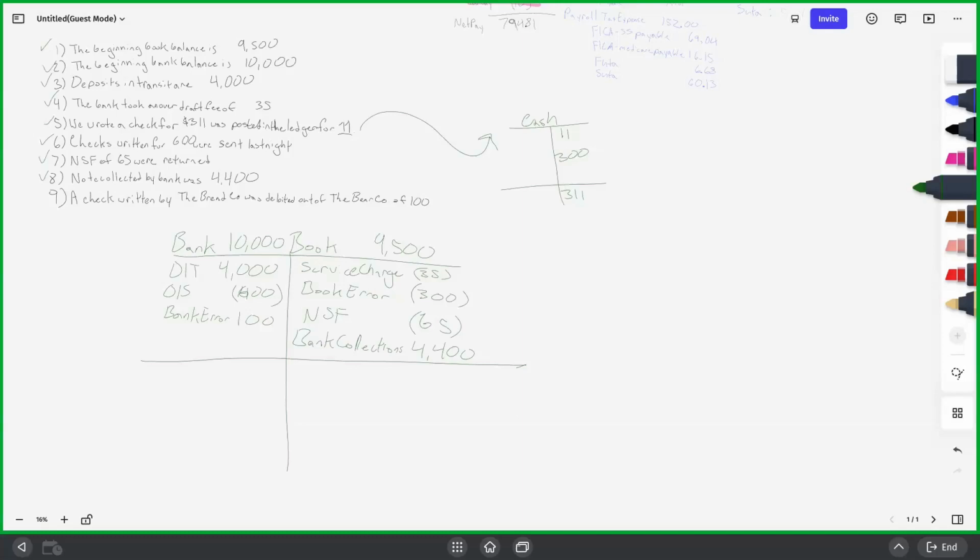You'll typically see it as a note collected by bank. So the side where it says book, the bank knows about that, but on the side with the bank, we know about that. The only one that neither knows about are the bank errors, because we only find out about it when we look at the bank statement, and then we tell the bank, hey, you messed up, you need to fix it.